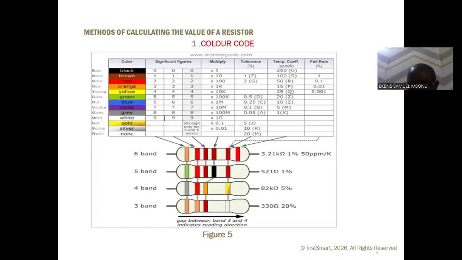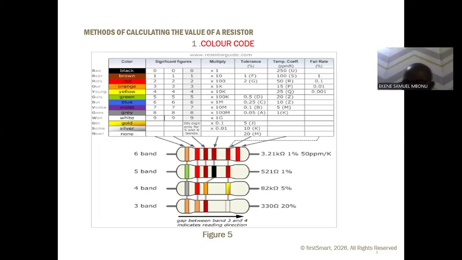So the maximum limit will be 86,100, or the minimum, that is 82,000 minus 4,100.